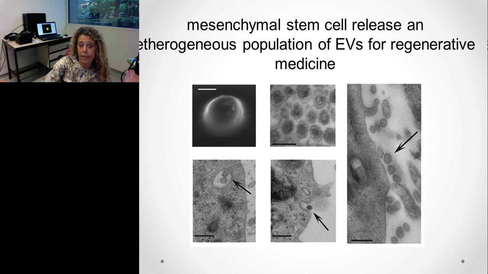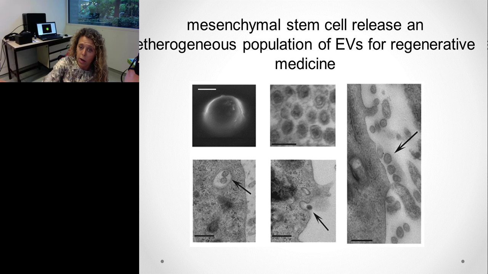So these cells actively release extracellular vesicles that might be used for regenerative medicine. These are some electron microscopy studies showing the vesicles released from those cells, and you can very easily see that the released vesicles are very different in size.